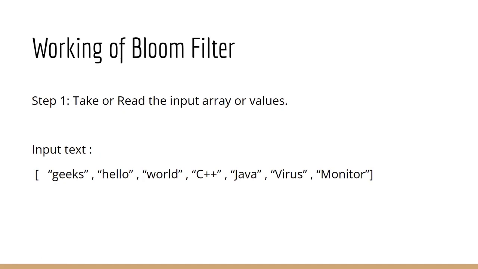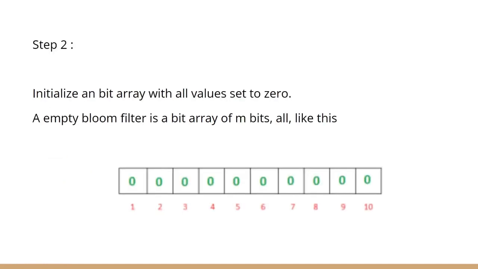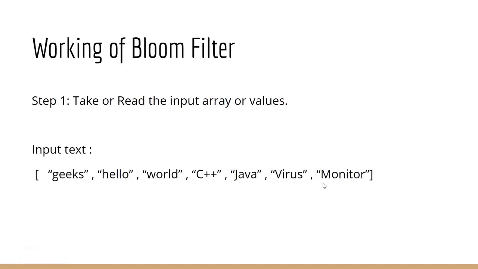So what we'll do is take these values and save them in a different format, which we'll see. Suppose we are given the values, we'll take the count of values, which is like 7 values.